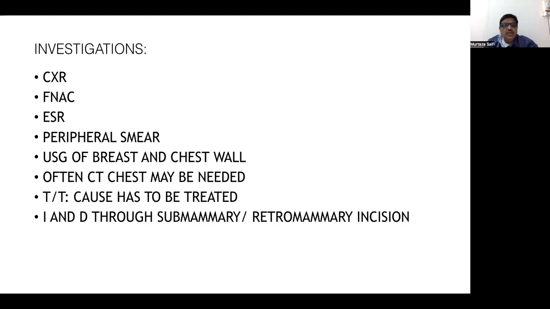Investigations: chest X-ray to rule out pulmonary tuberculosis, FNAC to rule out carcinoma, ESR, peripheral smear, USG of breast and chest wall. CT chest may be needed. Treatment: the cause has to be treated, and drainage through a submammary or retromammary incision.